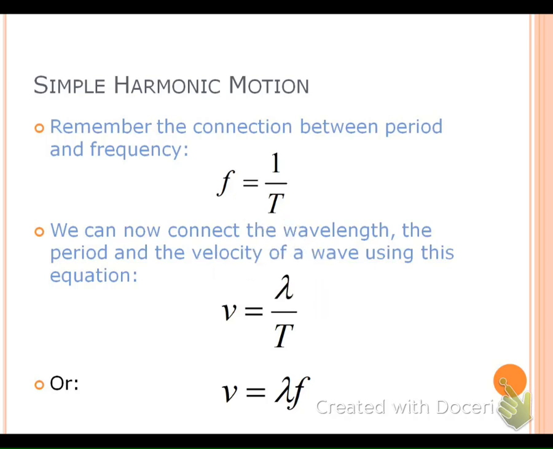So now we can use these bottom equations to connect the wavelength, the period, and the velocity of a certain wave, using this equation: V equals lambda over T. We know that 1 over T is equal to F, so that's how we got this F substituted into the equation down here. Both of these equations serve the same purpose, but we can use either frequency or period depending on which we're given.